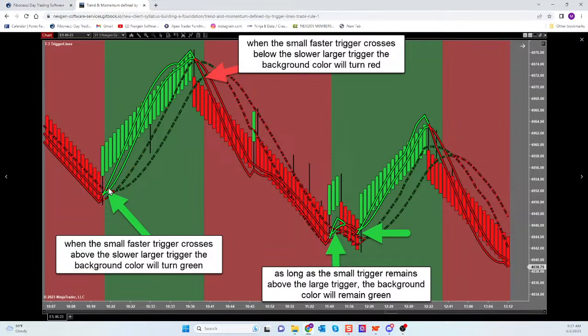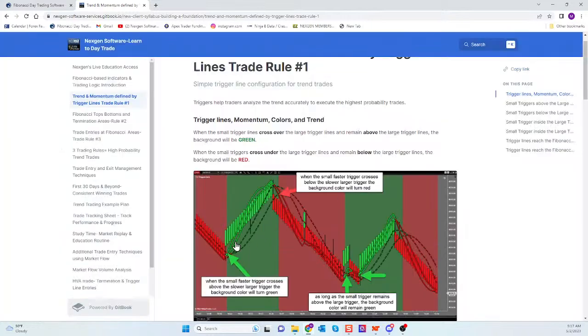It's going to give you that visual. We're now in an uptrend, should only be looking for rules to be met for long trades.